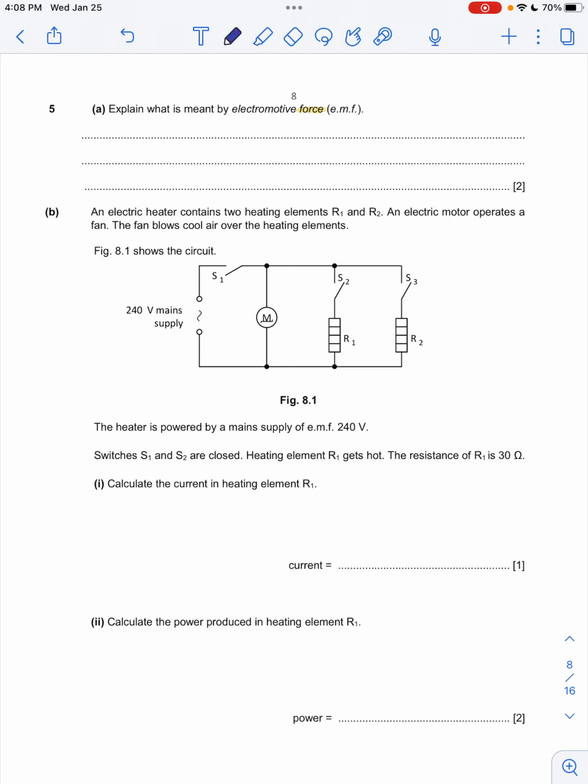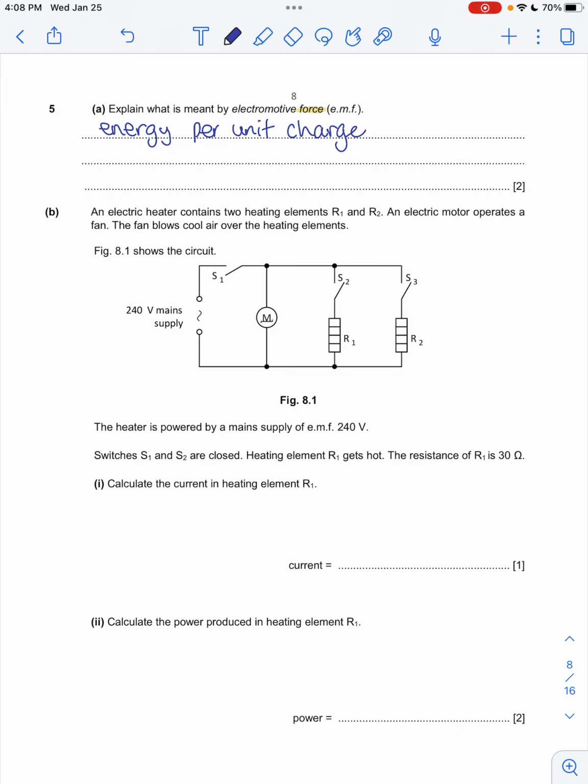It is not actually a force, it is energy. Specifically, it is energy given per unit charge. So it's the number of joules carried by each coulomb. Or if you like the truck model, it's the coal carried by each of the little trucks.